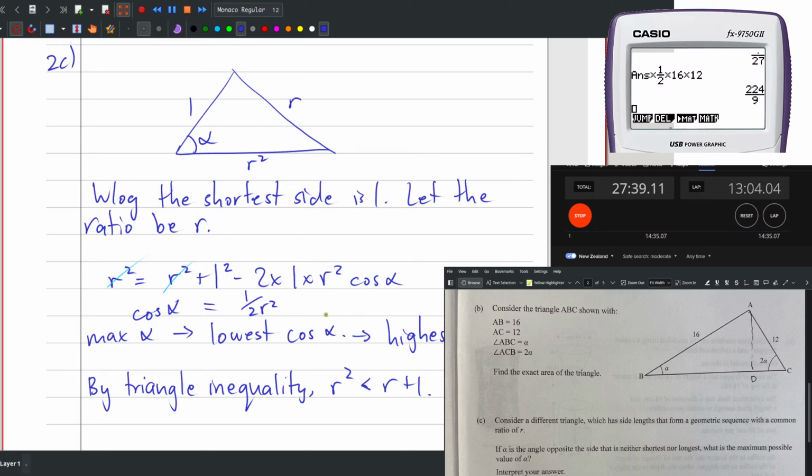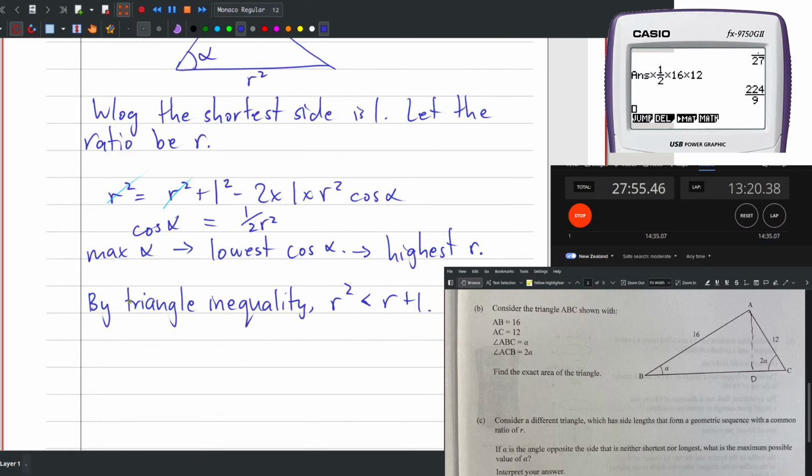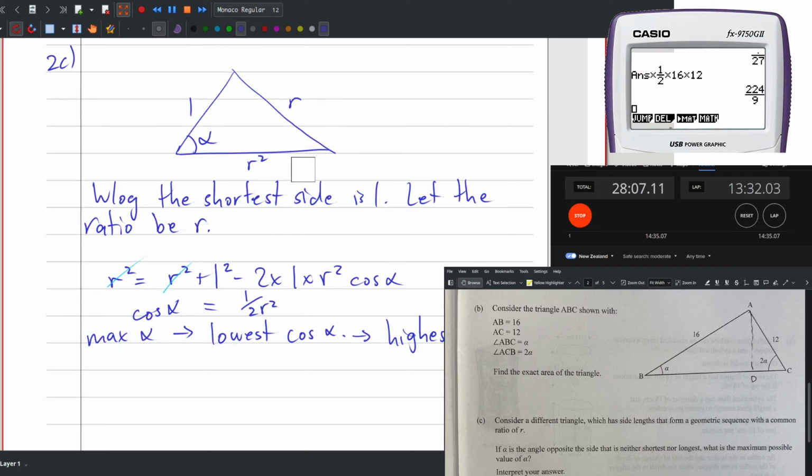I don't know how this works though, because if you consider the largest r that you can have, then it's going to be a really thin triangle, right?